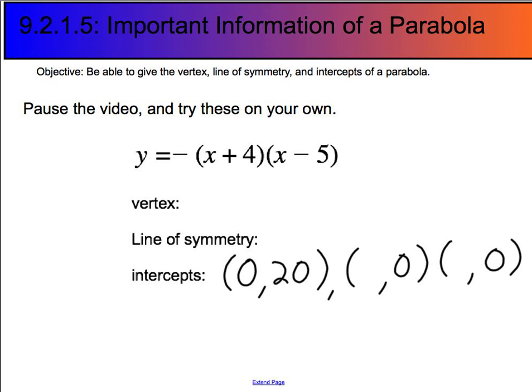And then for the x-intercepts, whether you found them on a calculator or whether you did it algebraically by hand, you should have gotten negative 4 and 5. Line of symmetry, again, is halfway between the two x-intercepts. So in this case, 0.5 is halfway between. You could add them up, negative 4 plus 5, and then divide by 2 if you didn't know off the top of your head.